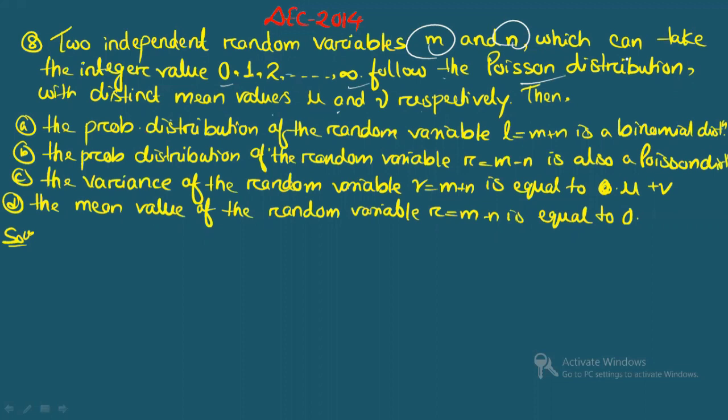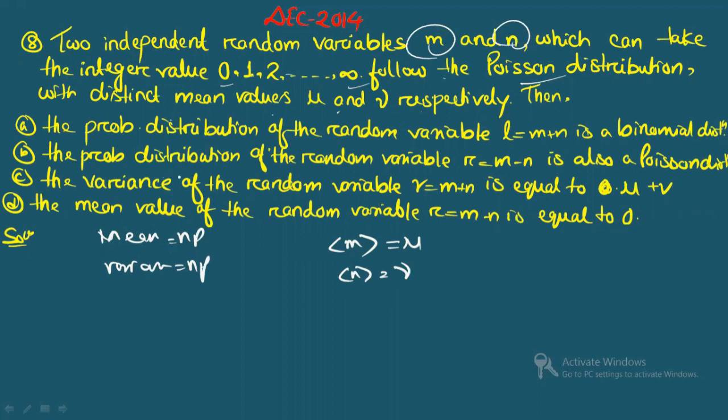When you are discussing Poisson distribution, the mean is given to you. We know that in case of Poisson distribution, the formula for mean is NP and the formula for variance is also NP. It is the same. Now here the mean for M is given as mu and the mean for N is given as nu.